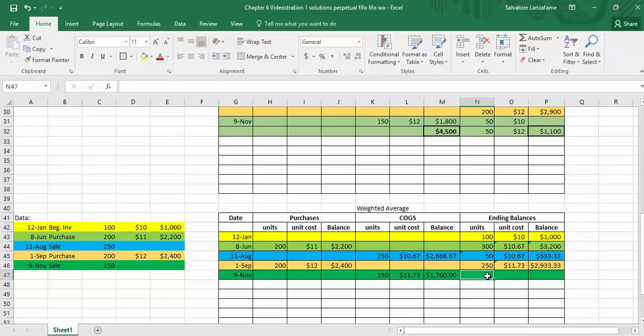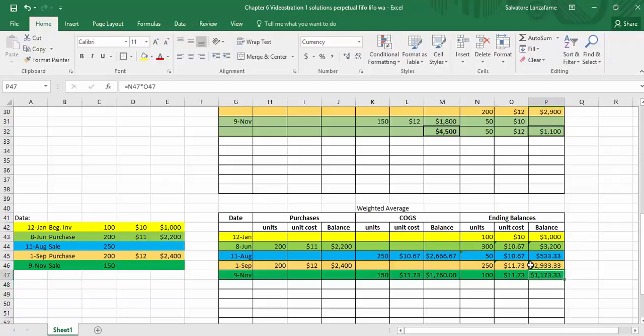So what do we have left in inventory? We should have 100 left. That's what we had left every other time. And that's the case. Bring down that 11.73, and your final inventory balance ends up being 1,173.33.